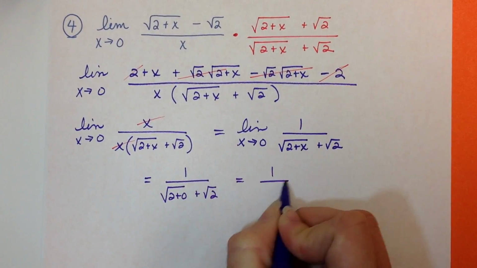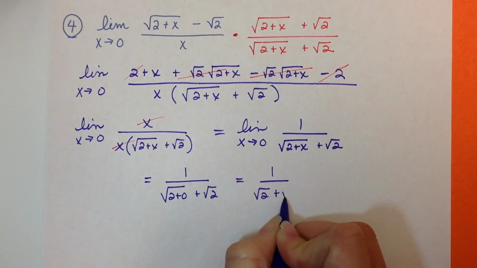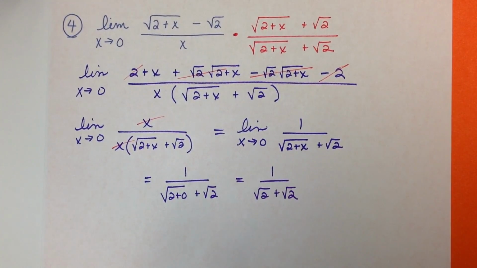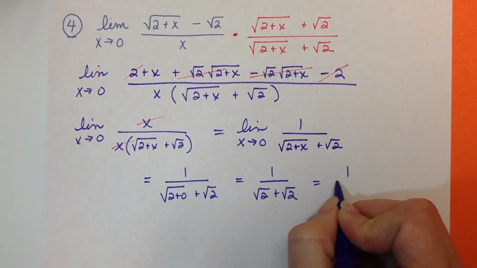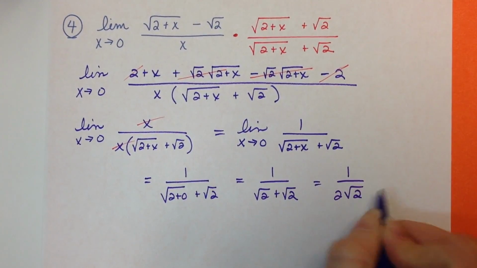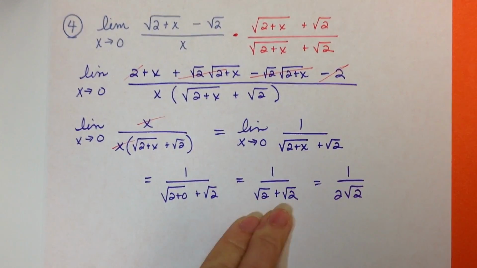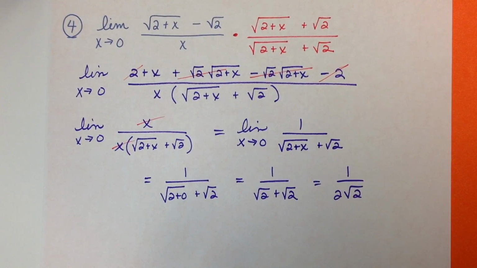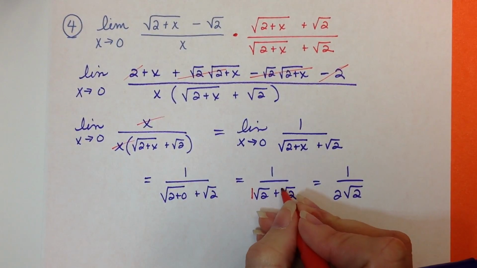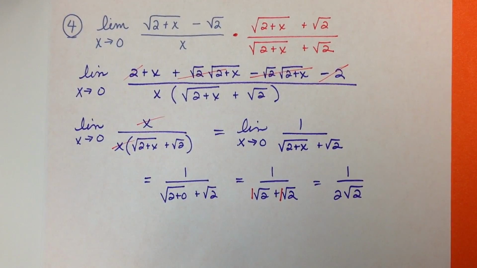Okay, so that's going to give me 1 over square root 2 plus square root 2. And that would then give me 2 square root 2. So you would be allowed to add those since the number underneath is the same. And of course the 2 that's out front is because there's an understood 1 there, understood 1 there. Okay.